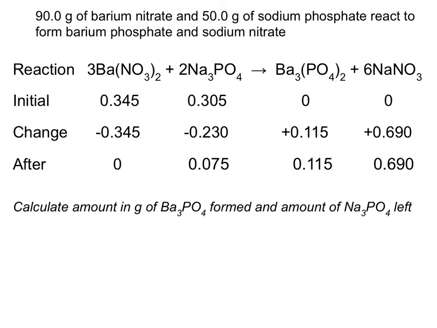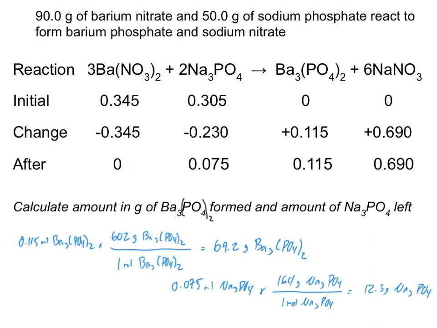Finally, we can use our molar masses to calculate the amount in grams of barium phosphate that is formed and the amount of sodium phosphate that is left over. And hopefully some of you caught my slight error in my chemical formula here. That should indeed be Ba3(PO4)2.